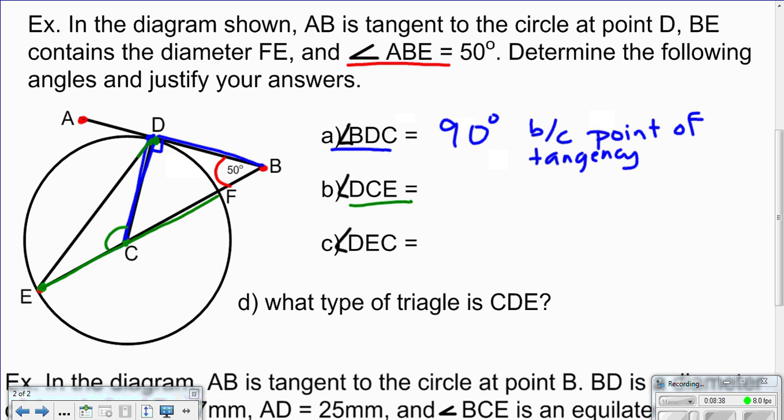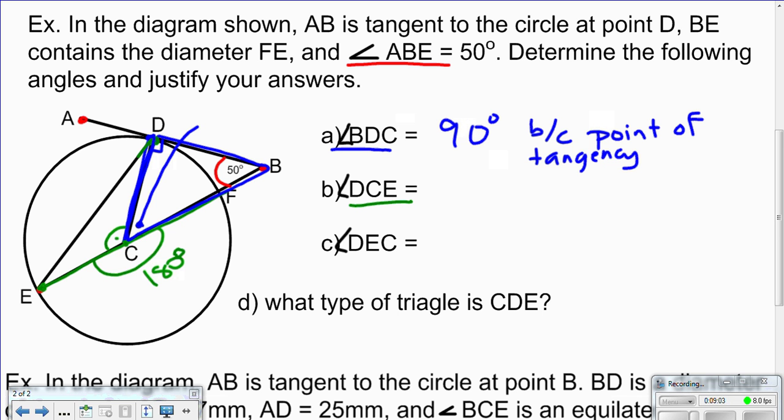I want you to think of a straight line. And so this side of the straight line is 180 degrees, and the other side of the straight line is also 180 degrees. So whatever this missing angle is, plus this missing angle, will have to equal 180. The other thing we should notice is that that missing angle is part of a triangle.